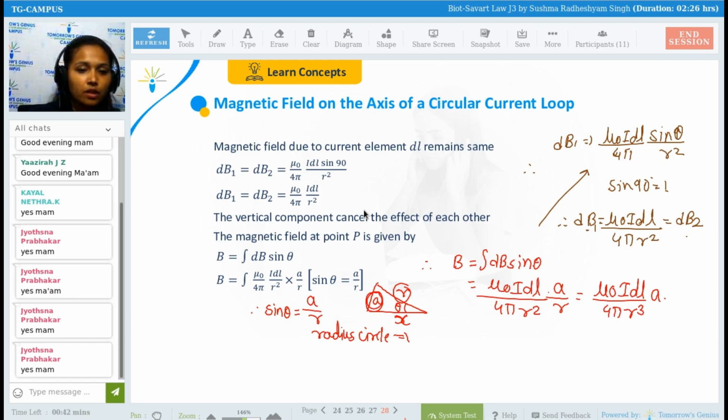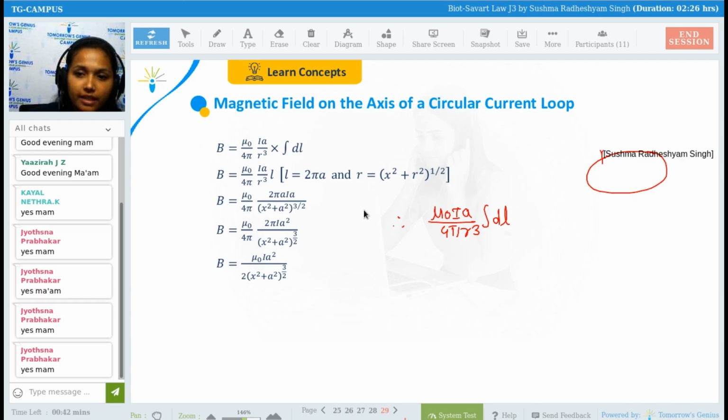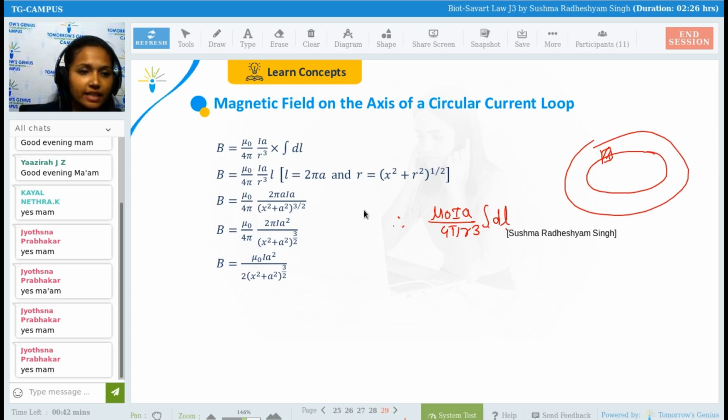Clear this? Now, from here we simply integrate. So we get mu naught I a over 4 pi r power cube, integral of dl. Because we have a small length dl in the previous section, that means for this corresponding section we consider small dl. So instead of this dl, we consider the whole length. So we integrate dl.